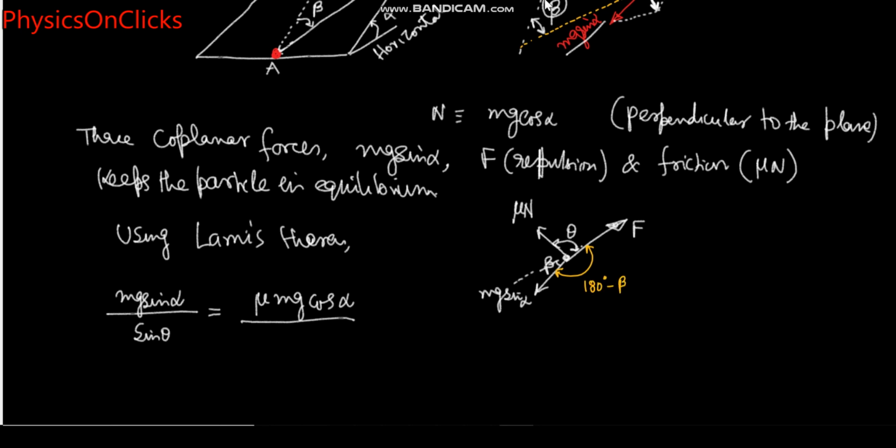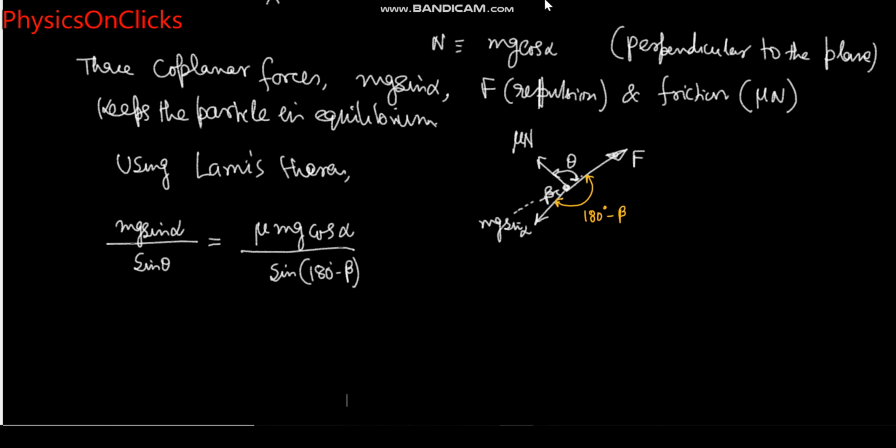Therefore we take sine of 180 minus beta. There is no need to write the third force, because we don't require that. Mg gets cancelled. So we have sine alpha divided by sine theta equal to mu cos alpha divided by sine beta.